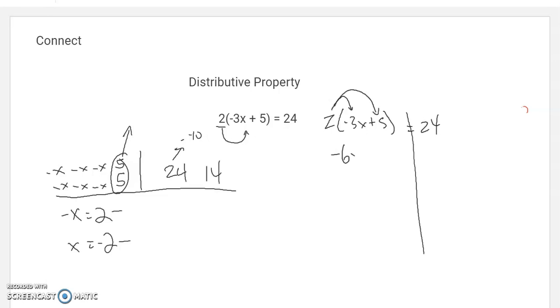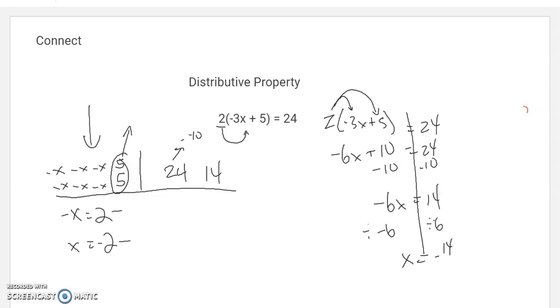I would get negative 6x plus 10, exactly like I got over there, equal to 24. Subtract 10, subtract 10. Negative 6x equals positive 14. Divide by negative 6, divide by negative 6, and I'm going to take the lazy answer, which is 14 divided by negative 6 is negative 14 sixths, or negative 2 and 2 sixths. So that's that fraction I didn't find over there.